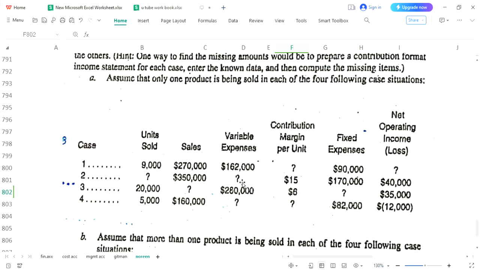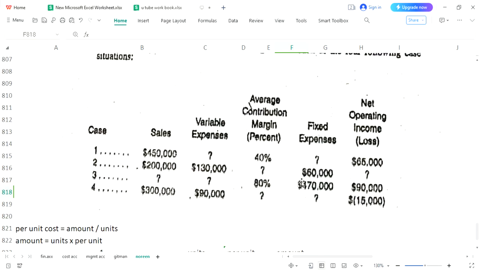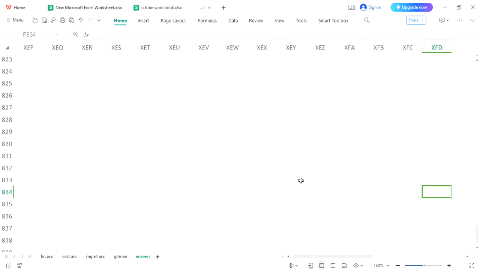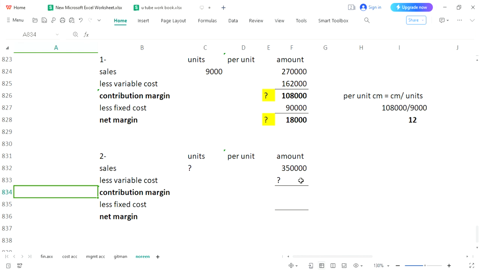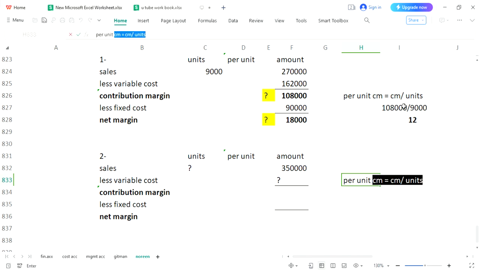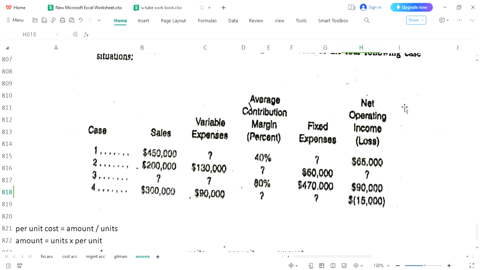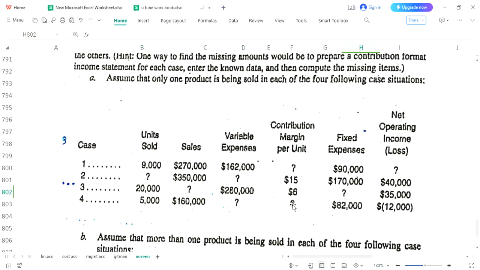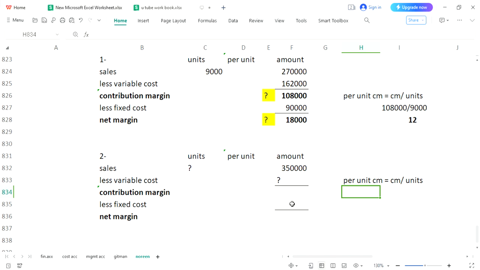Then next is contribution margin per unit, which is 15. As usual, we will choose this space for per unit as we have calculated over here. So per unit CM is equal to contribution margin divided by number of units, and the value given to us is 15 per unit.